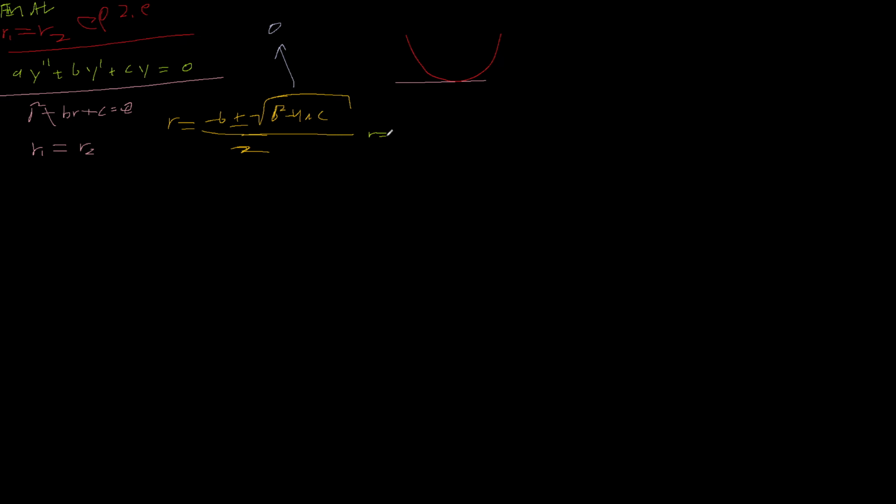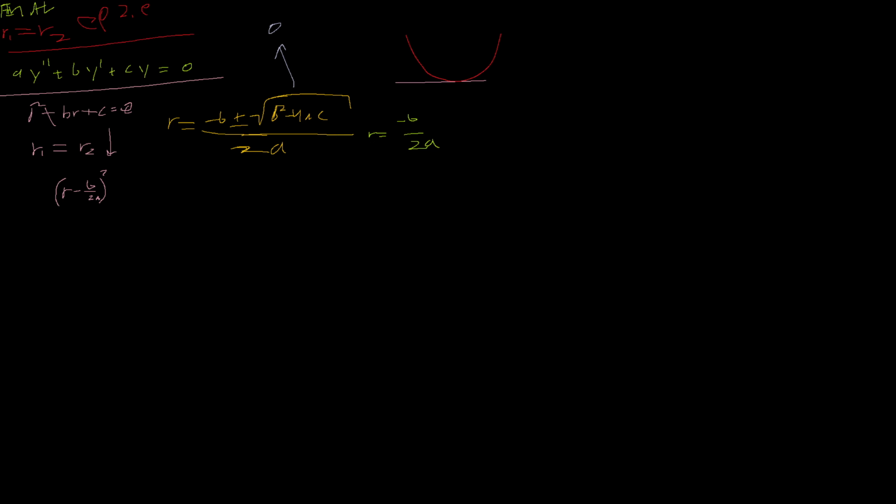So r is going to be equal to minus b over 2a. And that's going to be the only root, right? So this polynomial is going to factor into pretty much r minus b over 2a squared.